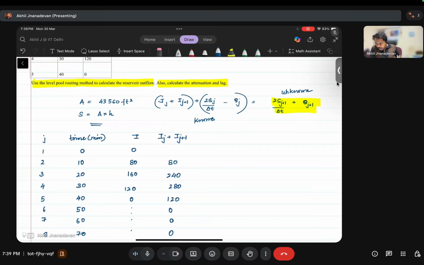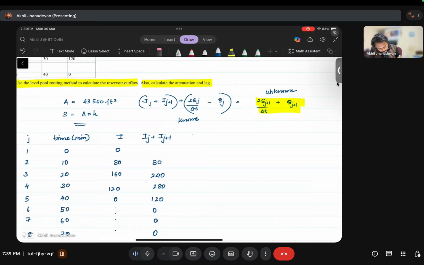And we have the next term, 2Sj by delta t minus Qj. So for the initial time step, Sj is equal to Qj is 0, so that will be 0.